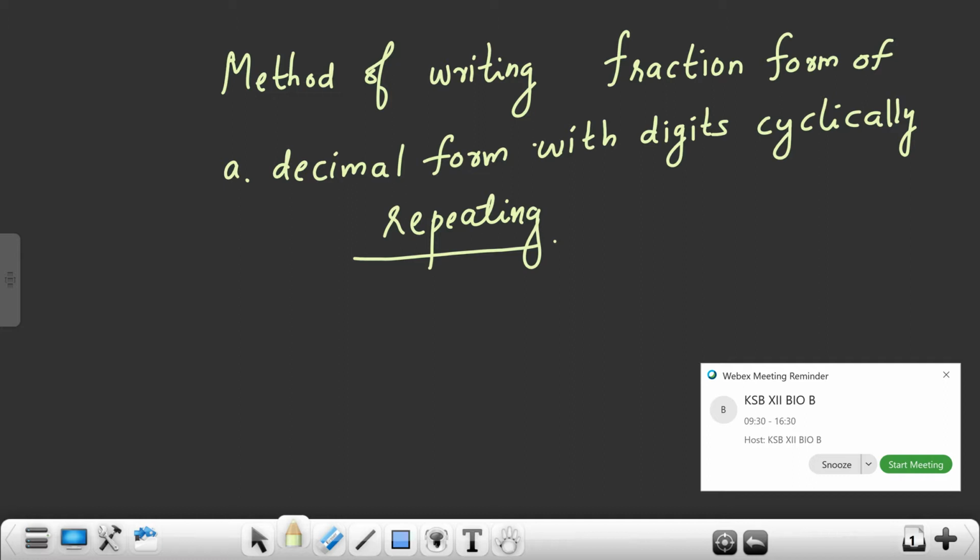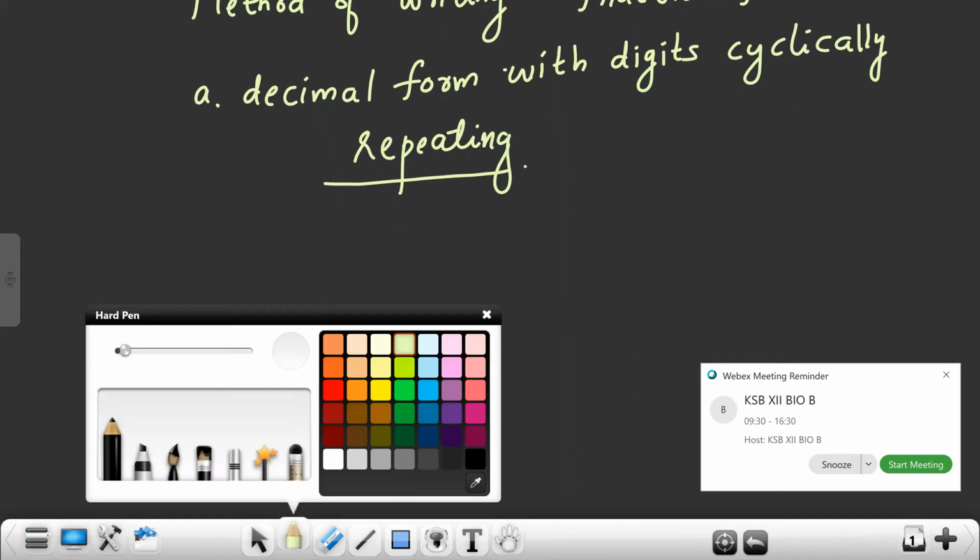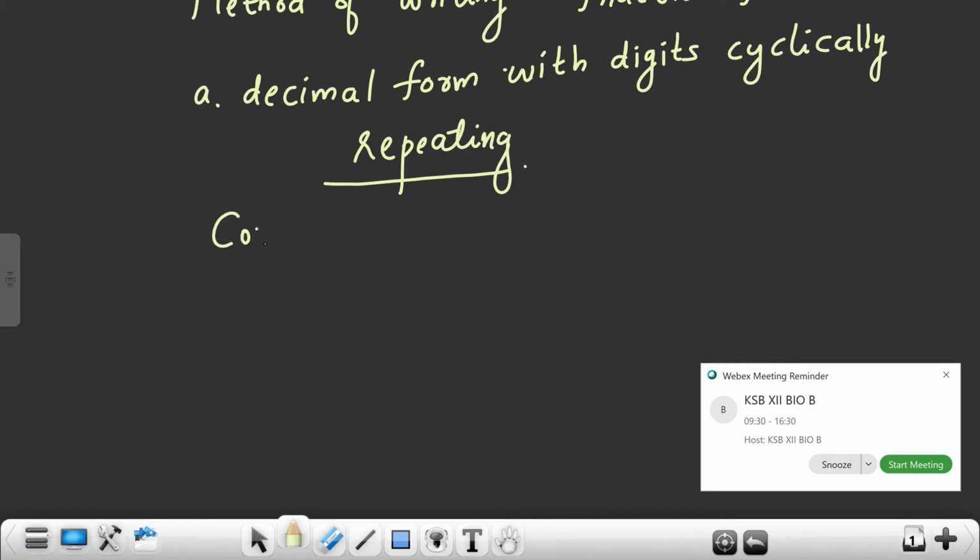For that, consider a decimal number. Consider 0.272727, etc. Look at the number.